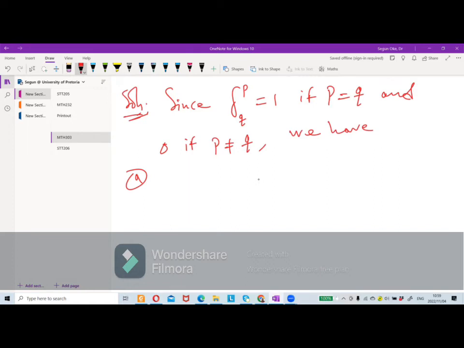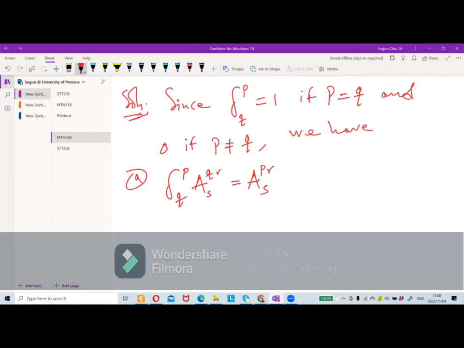For now, what's the solution? We have Kronecker delta PQ, A Q R S equals A Q R S, since Kronecker delta PQ is 1. Remember what I did?